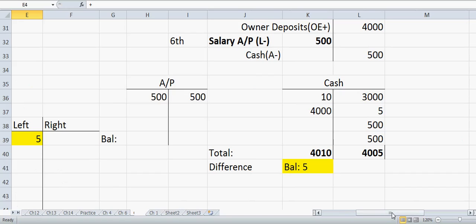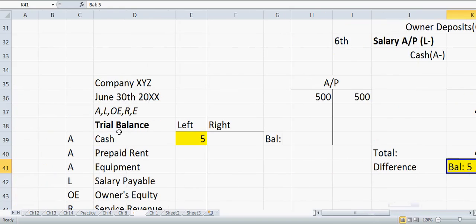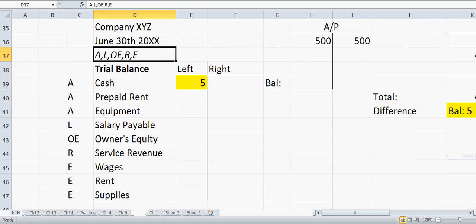in cash. We want to take our balances for each T account that we made, and now we want to prepare a trial balance. So in our trial balance, we list the accounts from assets, liabilities, owner's equity, revenue, and expense. Our assets are listed in order of liquidity. So here's just a little example.